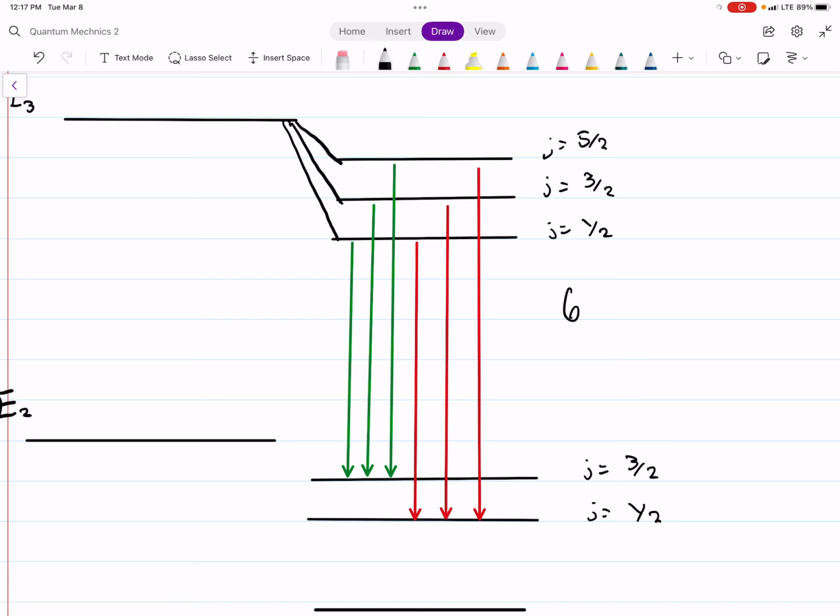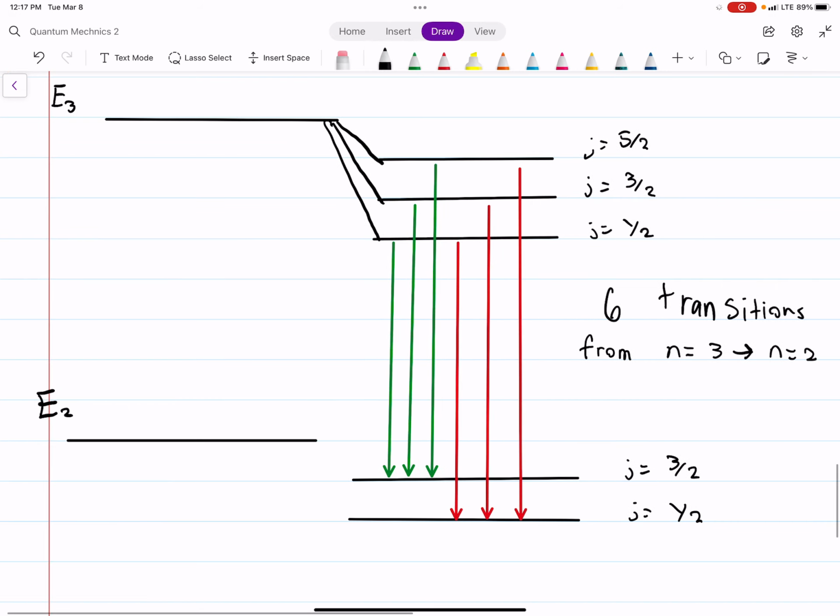Pretty easy to see there is 6 transitions from n equals 3 to n equals 2. Okay, so hopefully I should probably connect these.